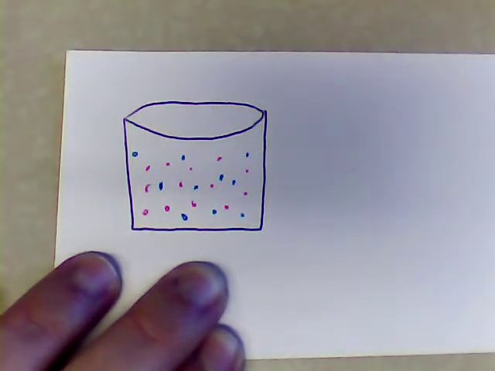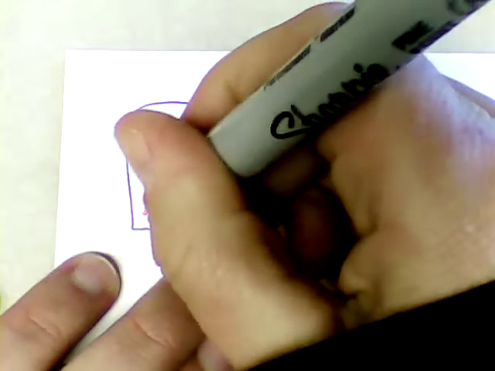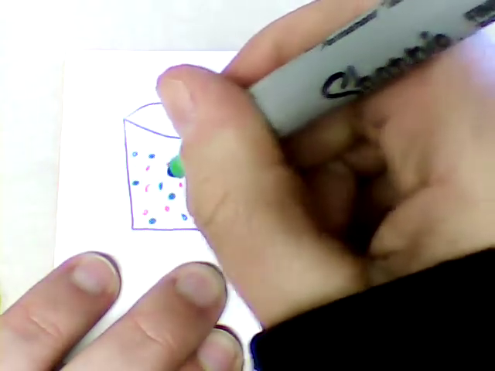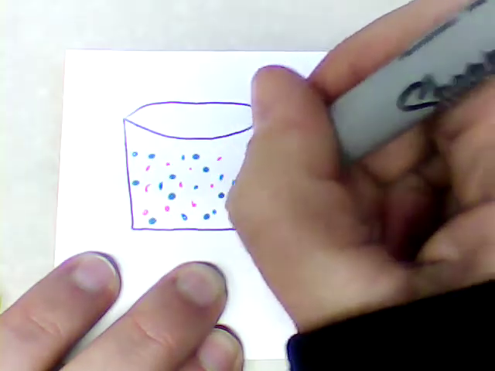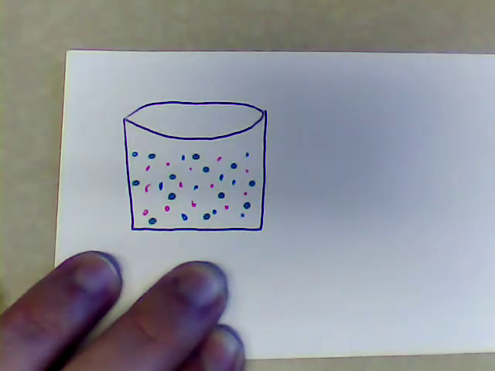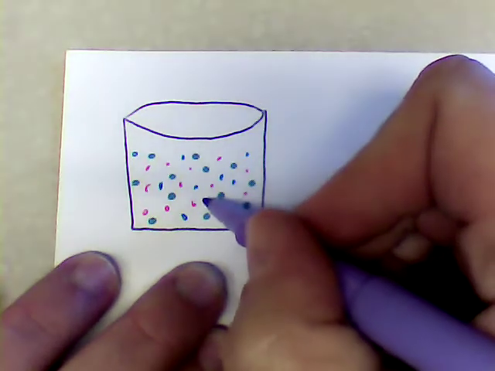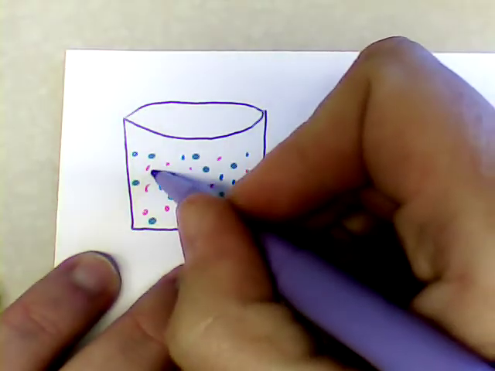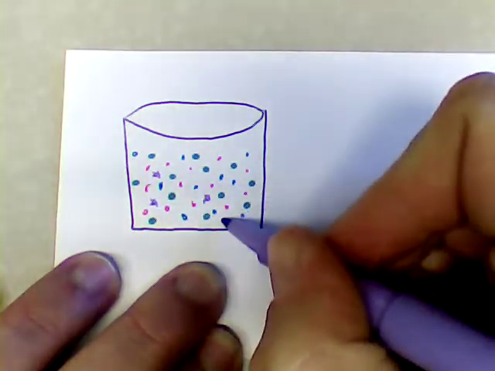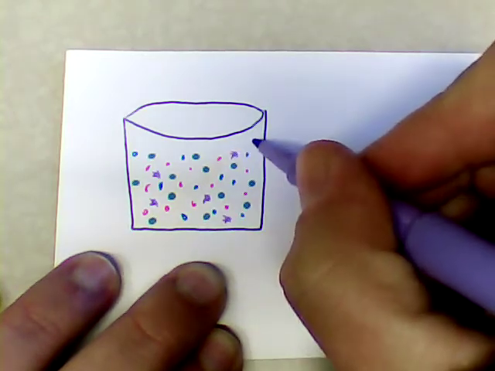What other colors do I have? I have green. Ooh, there's definitely green vegetables. Okay, so here's your soup. Oh, this is fun for me. Okay, let's put one more. Then how about purple? Ooh, it's like eggplant. Okay, you can't really tell that there's different colors, but maybe I'll put stars this time.